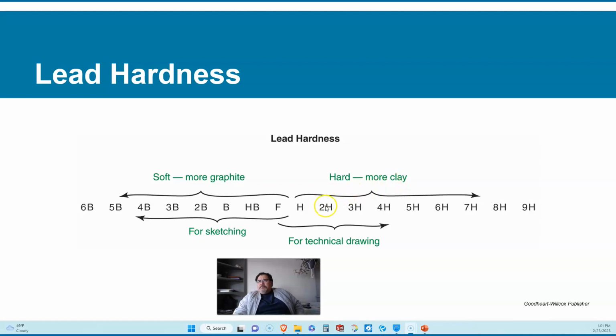So a softer lead would mean that when I'm pushing down on the pencil, more lead comes off because it's softer, the tip wears out more. And the softer leads allow me to make darker lines or lighter lines and have more control over shading.